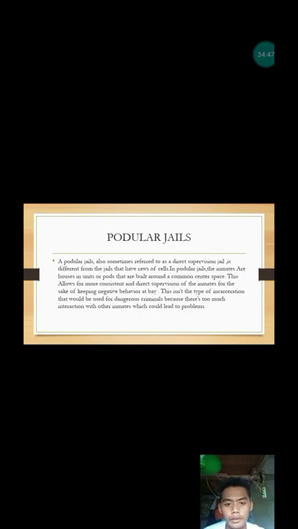So podular jails are different from the jails that we see with rows of cells.